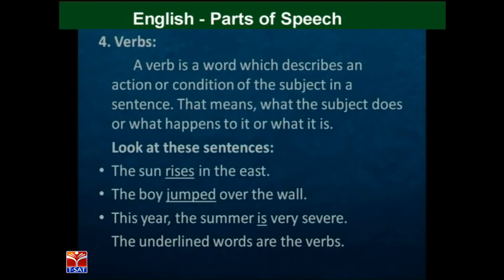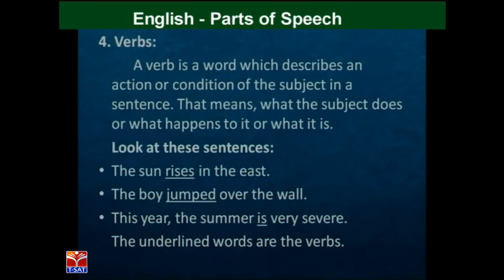The fourth variety of the words or the parts of speech is verbs. A verb is a word which describes an action or a condition of the subject in a sentence. So, what is a verb? A verb is a word which describes an action.